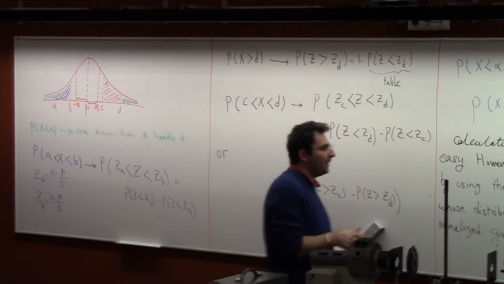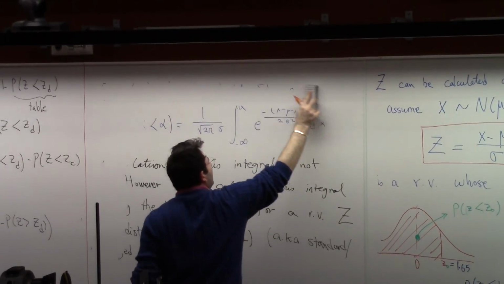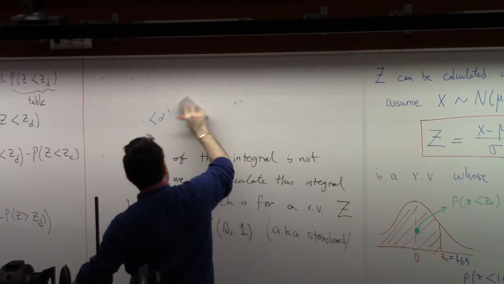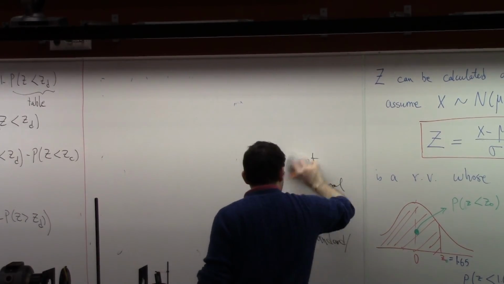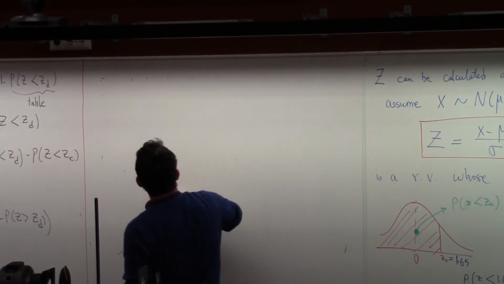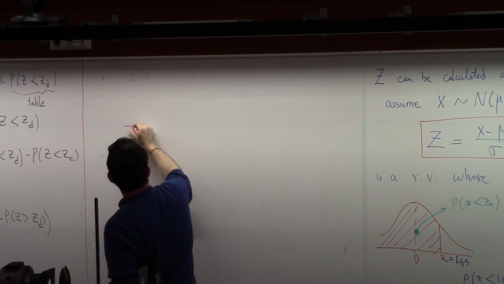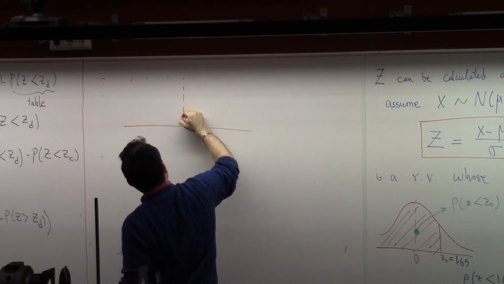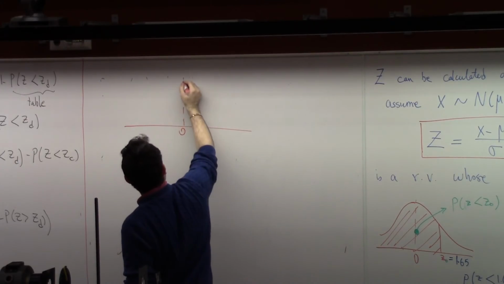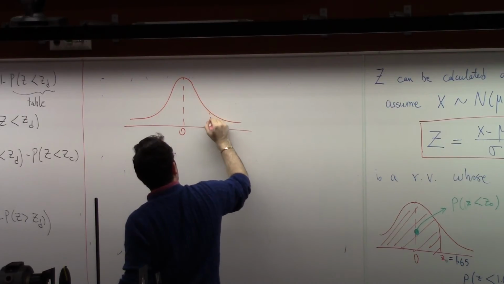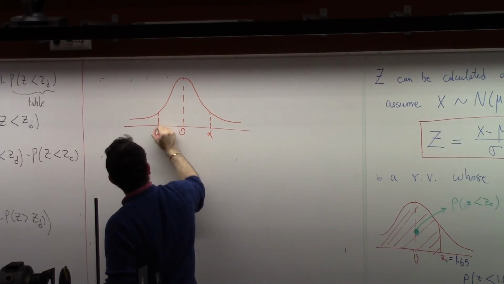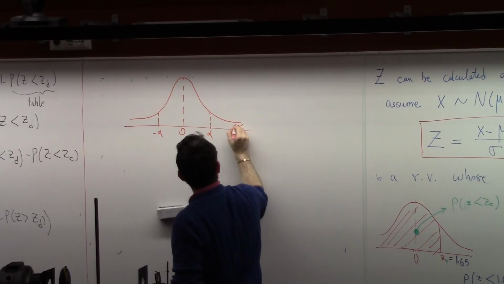So, for this type of thing, let me redraw the graph here for a standard normal distribution. This is 0. Alpha, minus alpha.